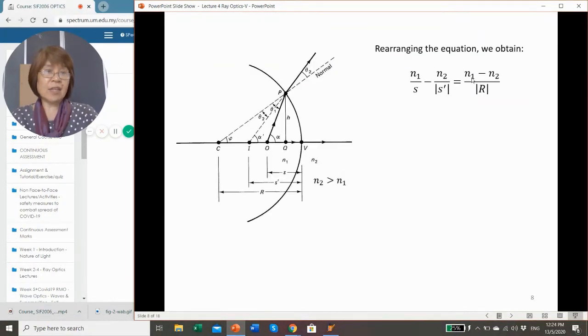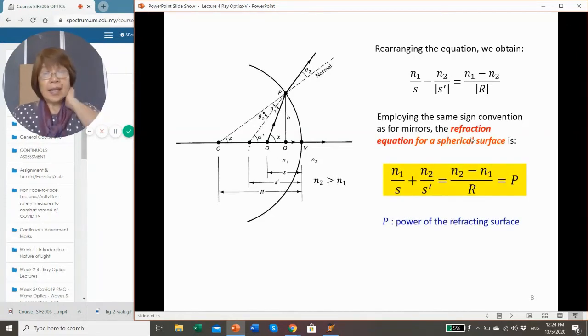Then you have N1 minus N2 over R. And using the sign convention that we adopt for mirrors, we can rewrite this equation in this form, whereby it becomes N1 over S plus N2 over S prime equals N2 minus N1 over R.